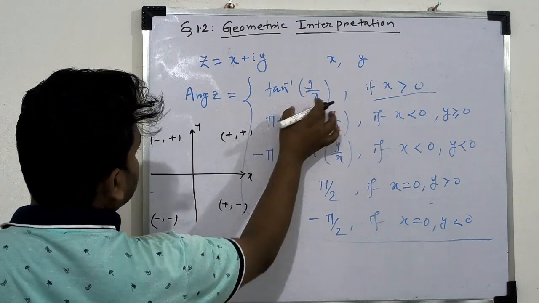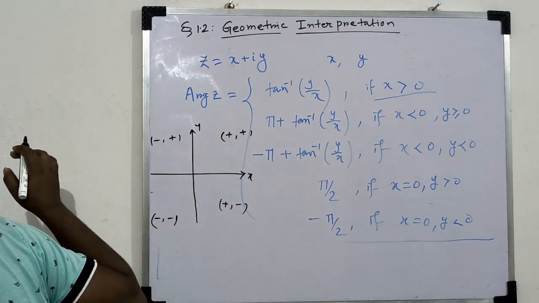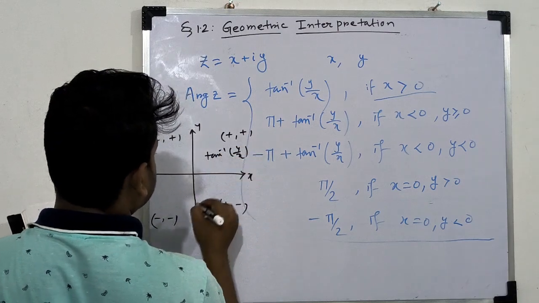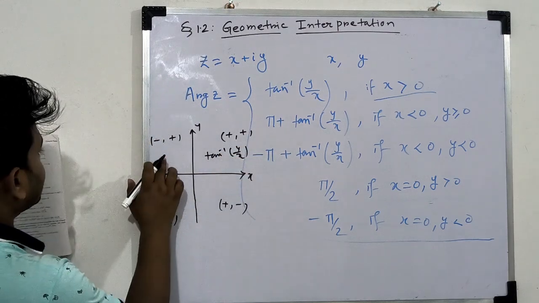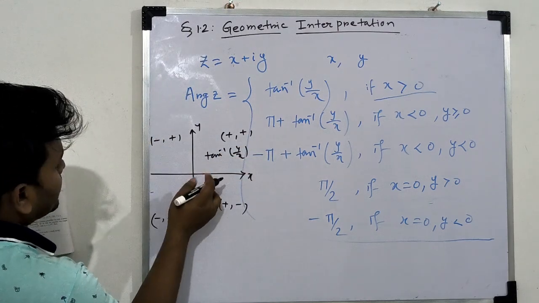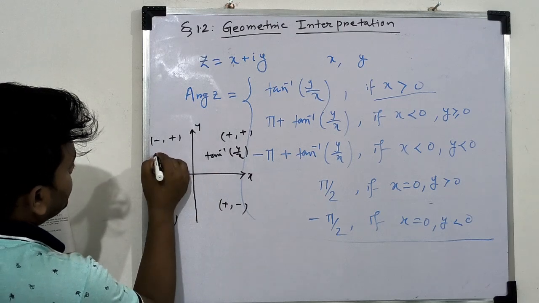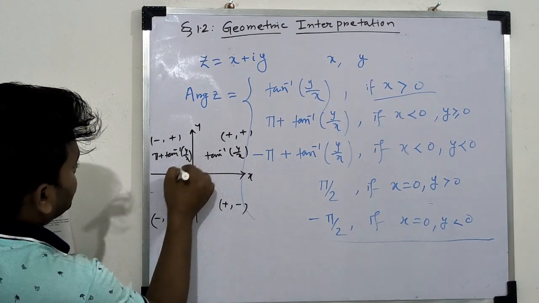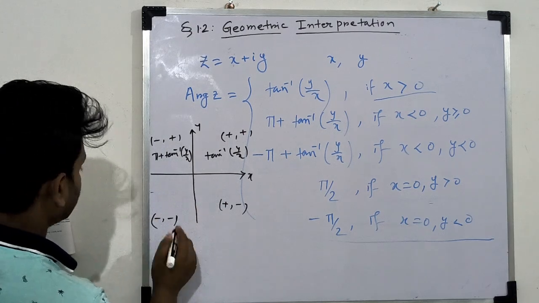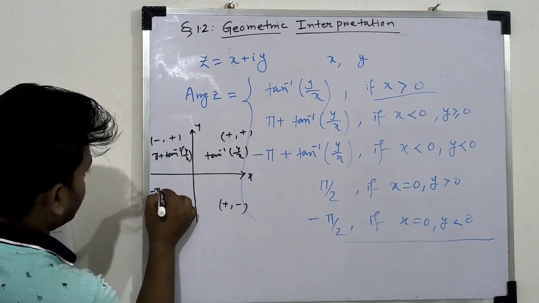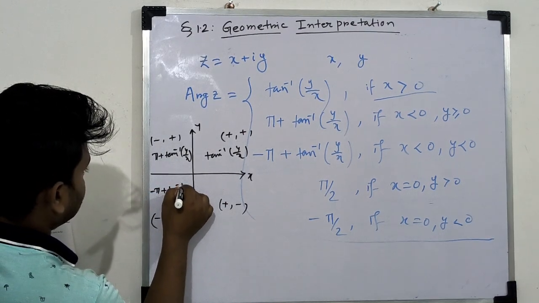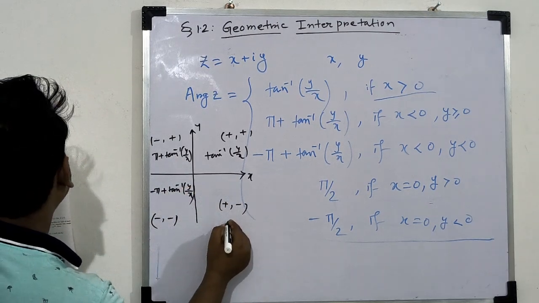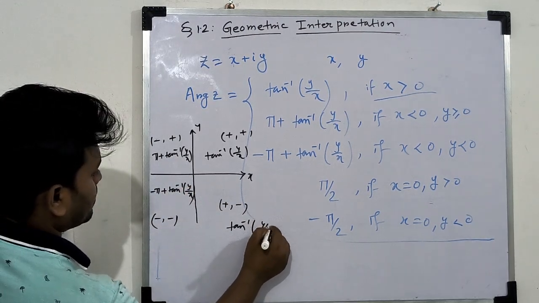When both are positive, the first case happens, that is our argument will be tan inverse y by x. In this region it will be pi plus tan inverse y by x, in this region minus pi plus tan inverse y by x, and in this region we get tan inverse y by x.